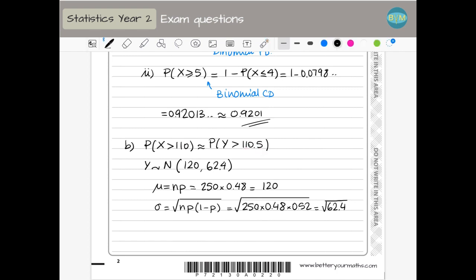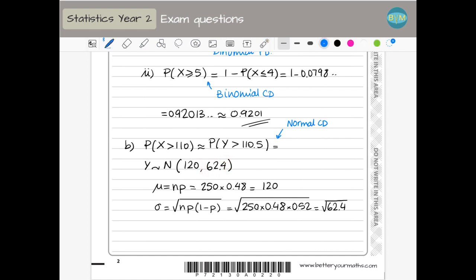And then I go to my calculator, normal CD, cumulative distribution. My lowest value is this one. For my higher value, you can pick any very large number, so I suggest something like 99999. It doesn't need to be that large, but the mean is 120 and the standard deviation is the square root of this value.